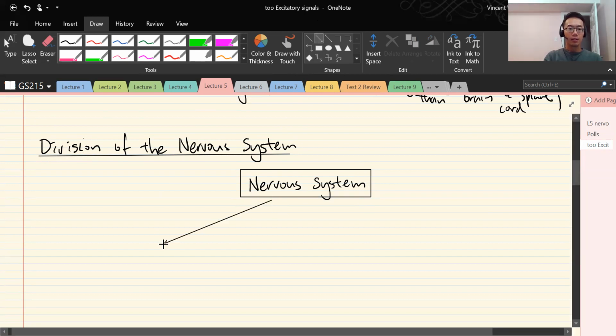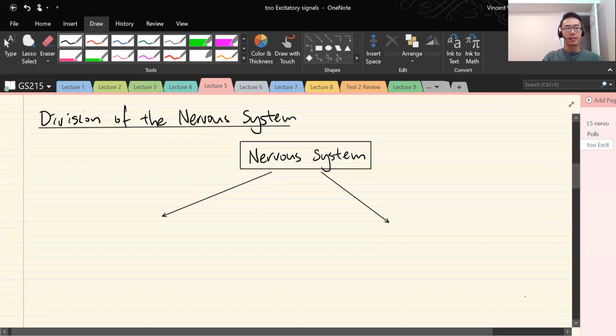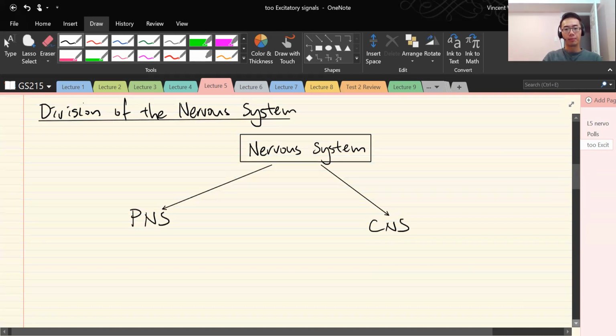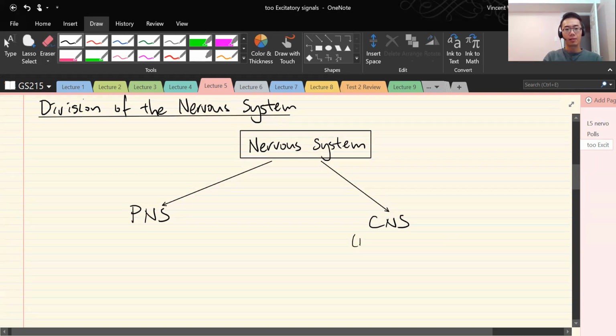And as we mentioned already, the nervous system is separated into the PNS, peripheral nervous system, as well as the CNS, the central nervous system. So central nervous system, once again, is brain plus spinal cord.